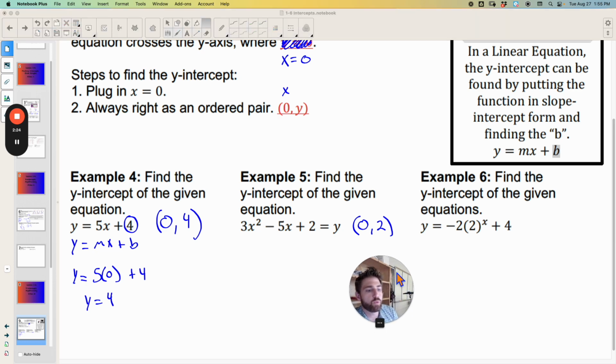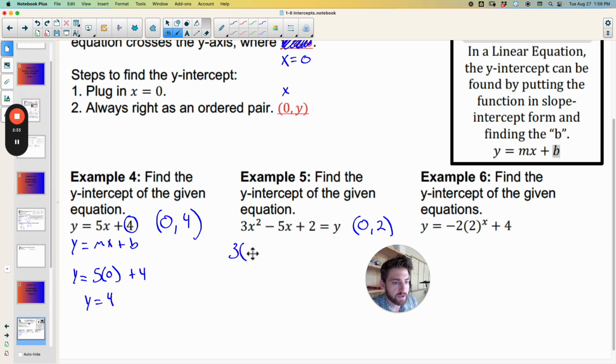Now, what if I didn't want to use the table function in the calculator? I could just plug it in here. Plug it in for x here. Plug a 0 in. And what happens here? Well, 0 squared is 0. 0 times 3 is 0. 0 times negative 5 is 0.